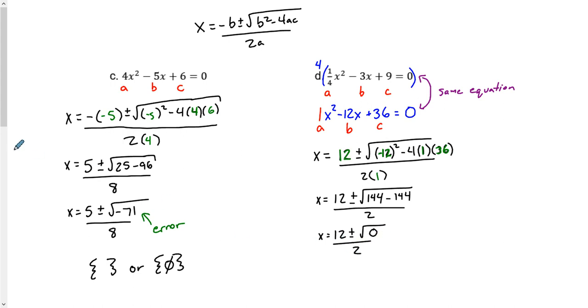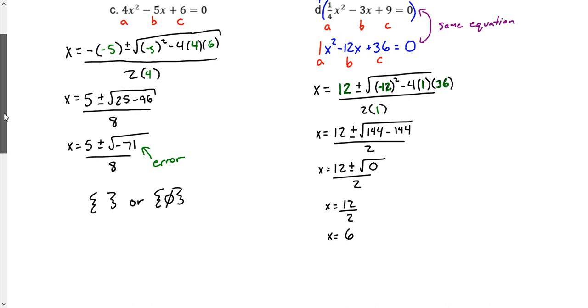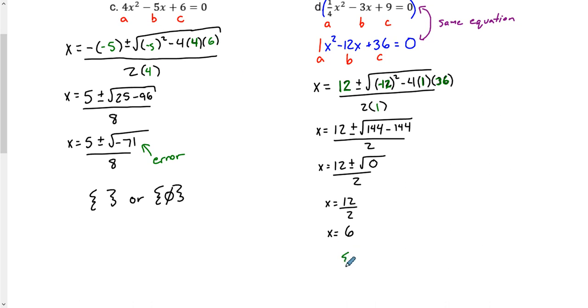Now this one comes out as another special situation because the square root of 0 is 0, and adding 0 or subtracting 0 is still going to be 0. We're just going to have the one answer of 12 divided by 2, because 12 adding 0 is 12 and 12 subtracting 0 is 12. So we actually come down to having only one solution. And again, we'll talk about what that means when we start some graphs. All right, that means you should be able to have some fun.